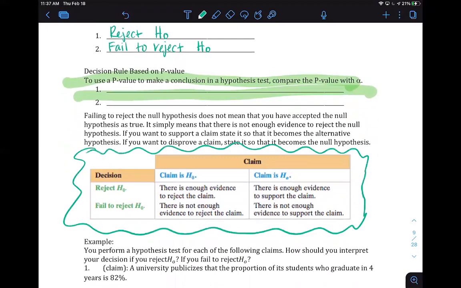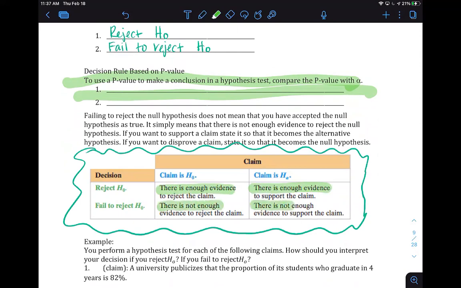Failing to reject the null hypothesis does not make something true. Rejecting the null hypothesis means it's false. Anytime that you reject something, there is enough evidence. Anytime you fail to reject, there's not enough evidence.